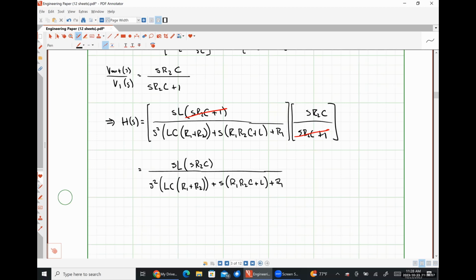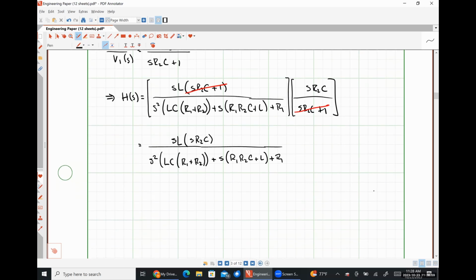Okay. So for instance, I could factor out a term that would look like R2 times L times C divided by 1 over LC times (R1 plus R2).